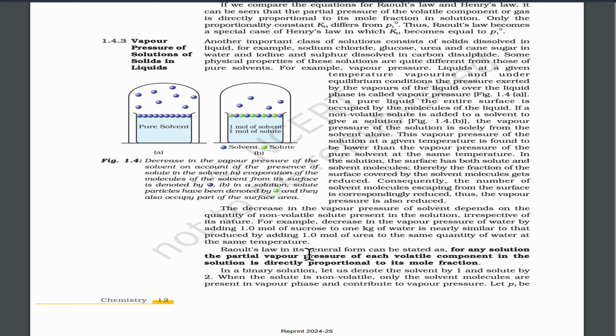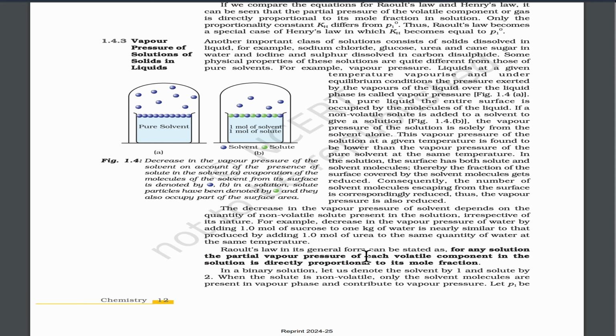So, to find the decrease in the vapor pressure, you only need to know the quantity of the non-volatile solute and not its nature. It can be any non-volatile solute, but it should necessarily be non-volatile, and its quantity is what the decrease in the vapor pressure of the solvent depends on.